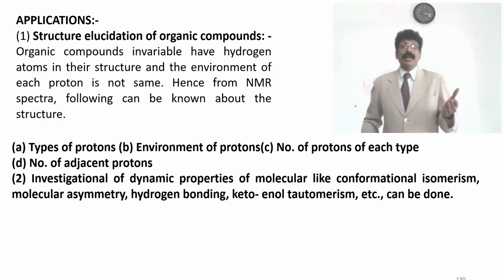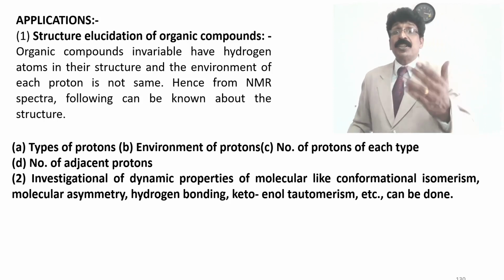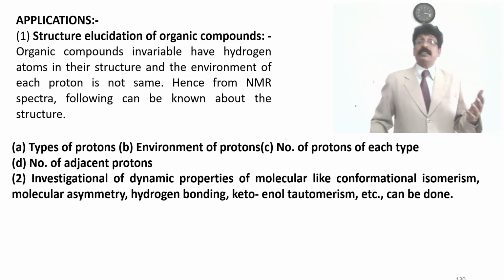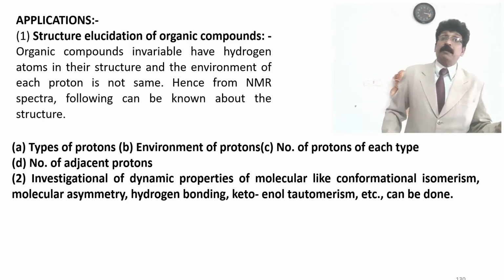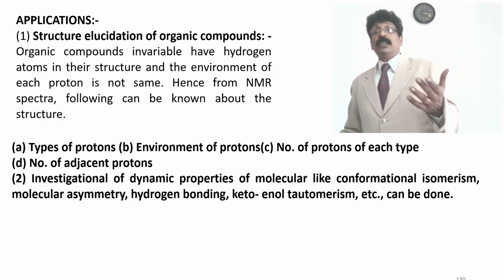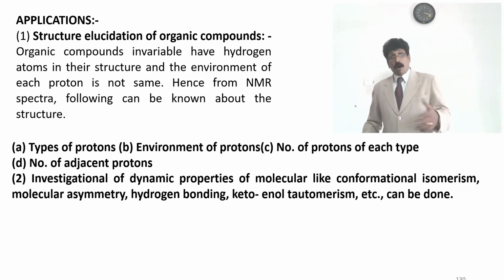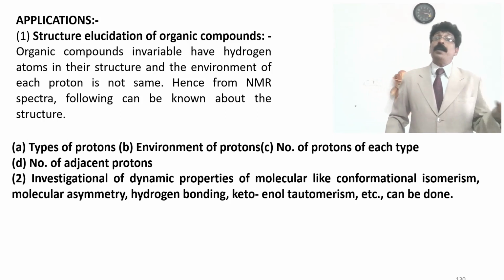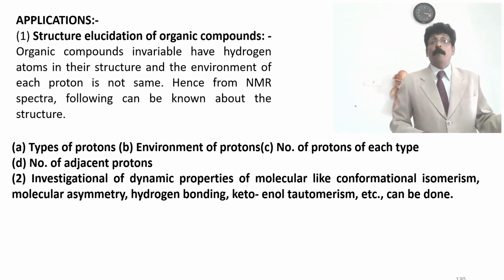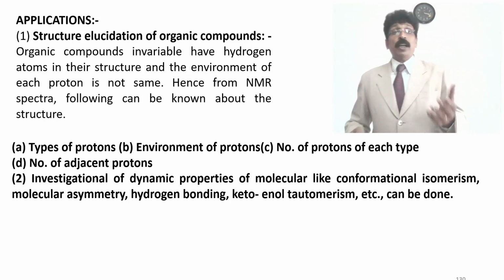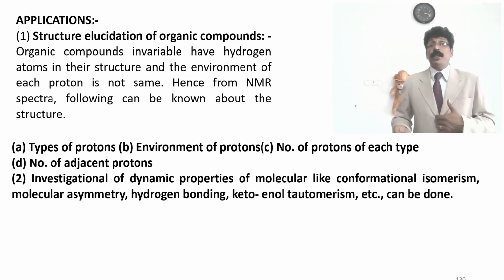And investigation of dynamic properties of molecules like conformational isomerism. You know isomerism: there is optical isomerism, geometrical isomerism, you have many types of isomerism. These isomers have the same chemical formula but differ in position or optical properties, or there will be boat shape and chair shape; like that you can have many types of isomers. Also molecular asymmetry, hydrogen bonding, keto-enol tautomerism.